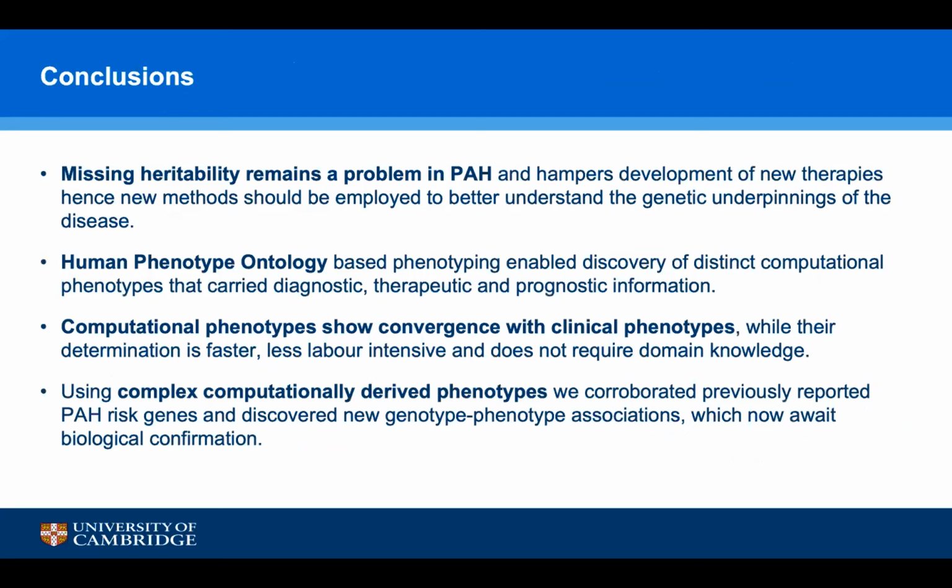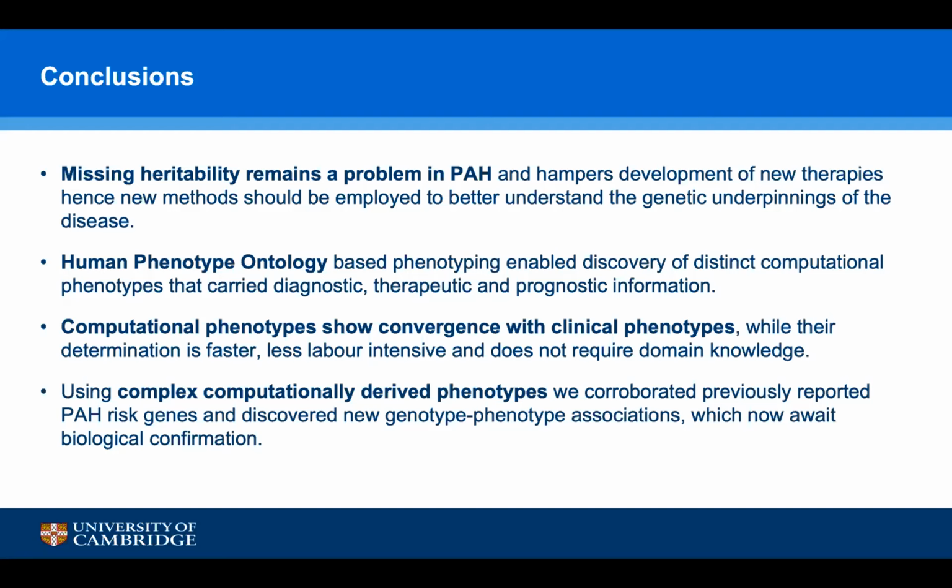So to quickly conclude, missing heritability in PAH remains a problem and should be tackled mainly from the phenotyping perspective, making the phenotypes easily exchangeable. One of the ways of doing it is through annotating patients' characteristics with human phenotype ontology terms. As I showed you, by doing so, we were able to produce distinct computational phenotypes.